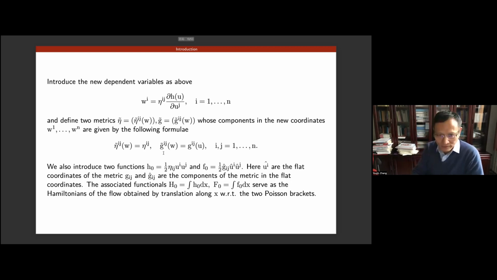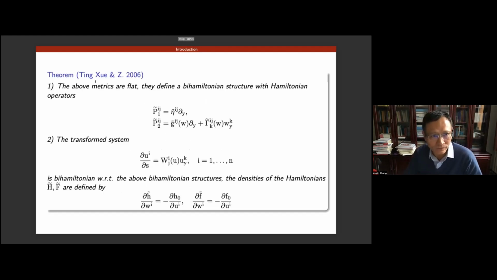Then, as a result of Ting Xue and me, these two matrices again are flat and they are compatible. They give two Hamiltonian operators P1 and P2 of hydrodynamic type, and they are compatible.